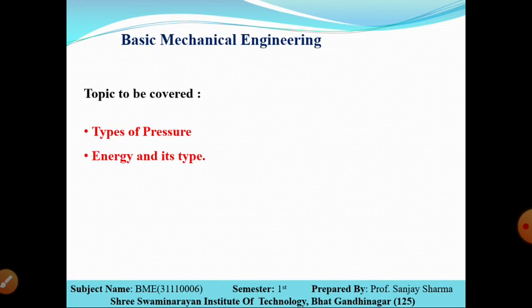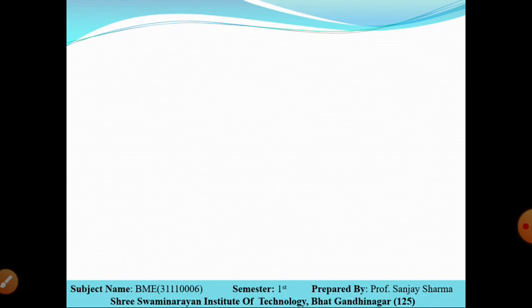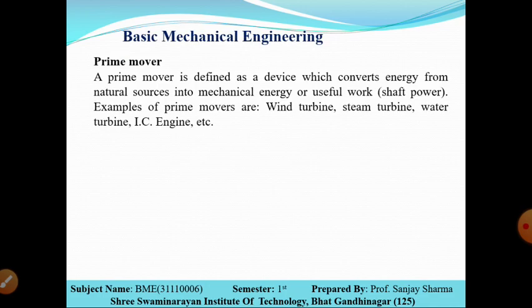So before we move to today's session, let us have a short review of our previous lecture, so that we can recall what we have studied in the first lecture. We have seen the different types of prime mover. What is a prime mover? It is a device which converts energy from a natural source into mechanical energy, useful work or a power output.